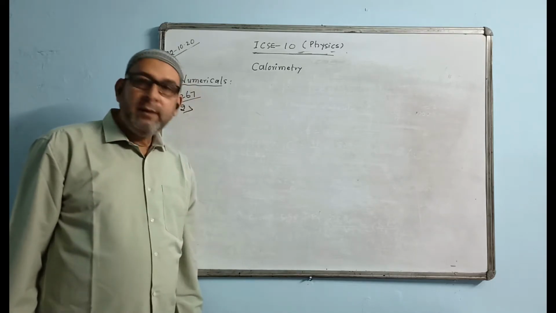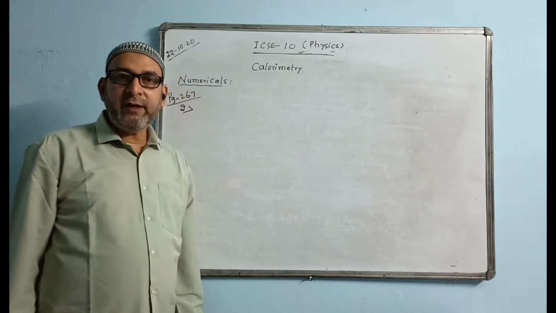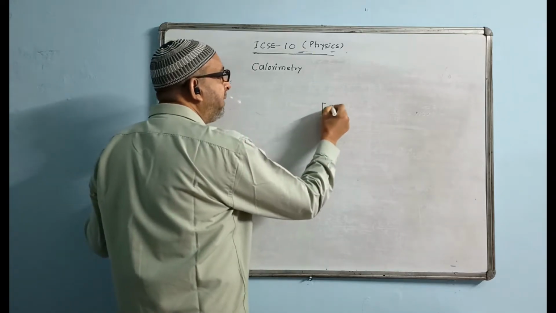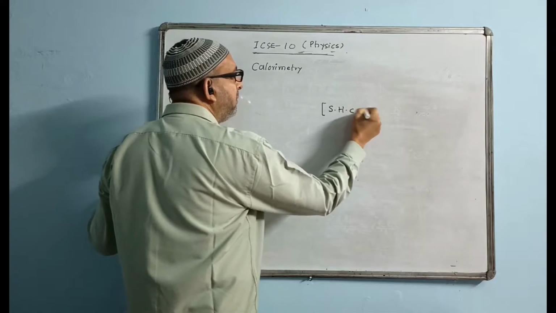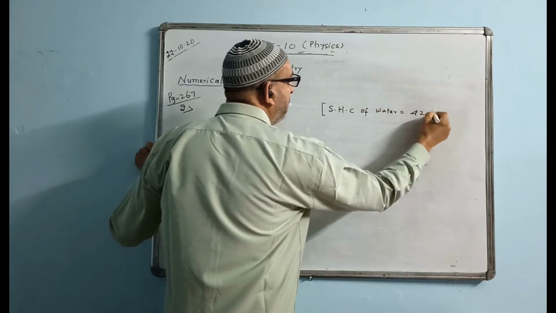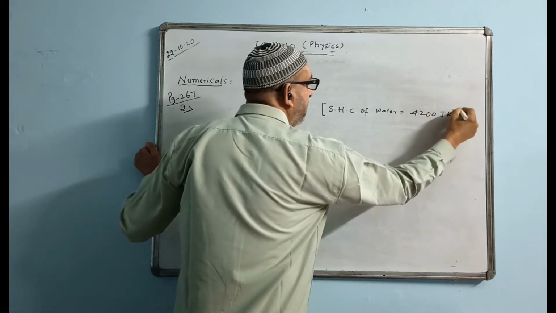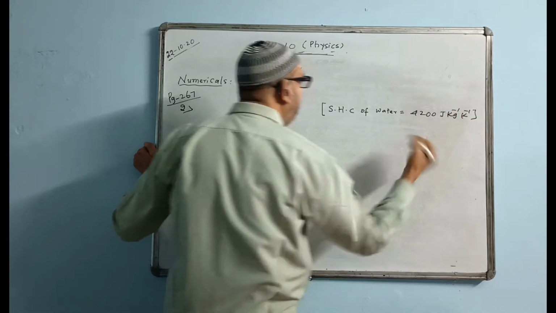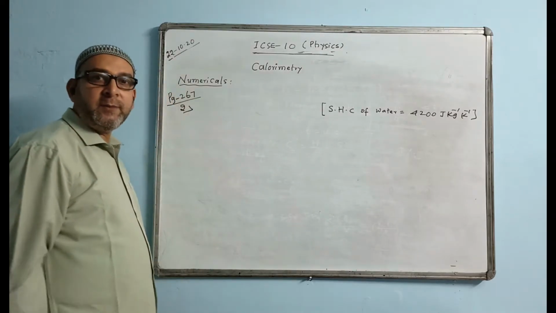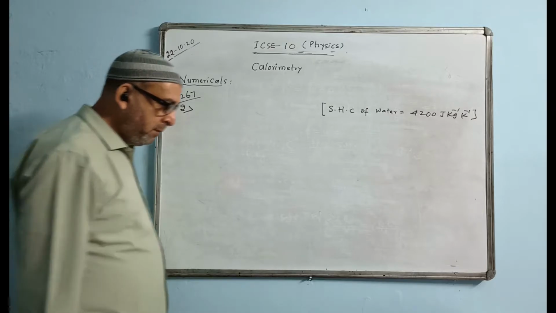In brackets, SHC of water equal to 4200 joule per kg per Kelvin. This value is already given in the question.